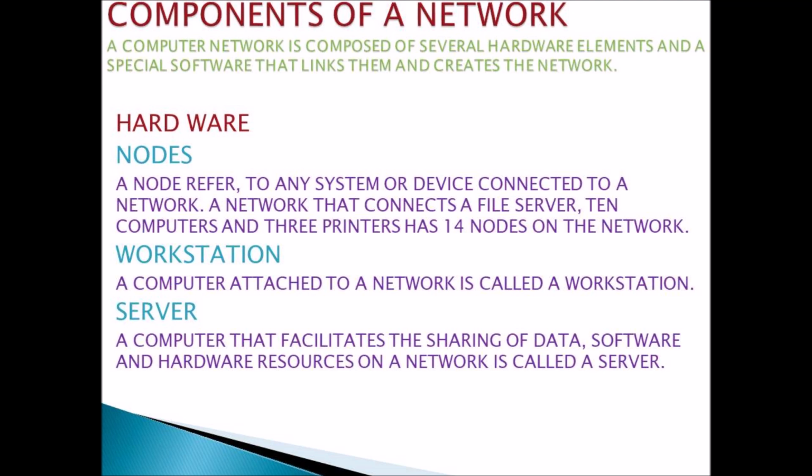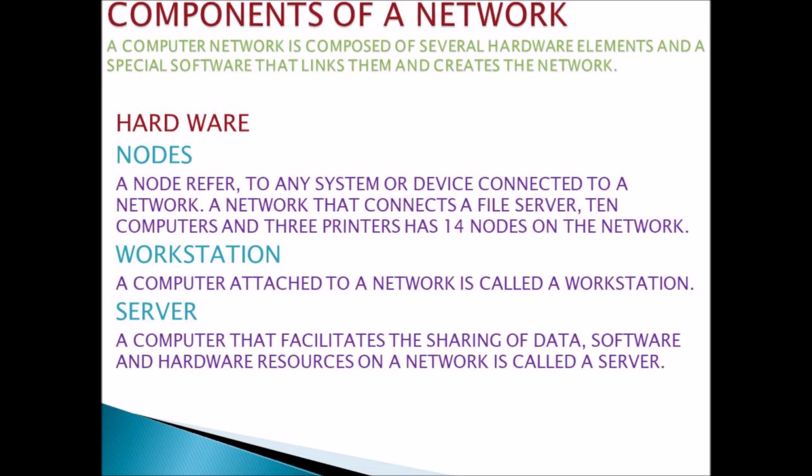A node refers to any system or device that connects to the network. So a node is a system or a device which is connected in the network. For example, a network that connects a file server, 10 computers and 3 printers totally has 14 nodes.